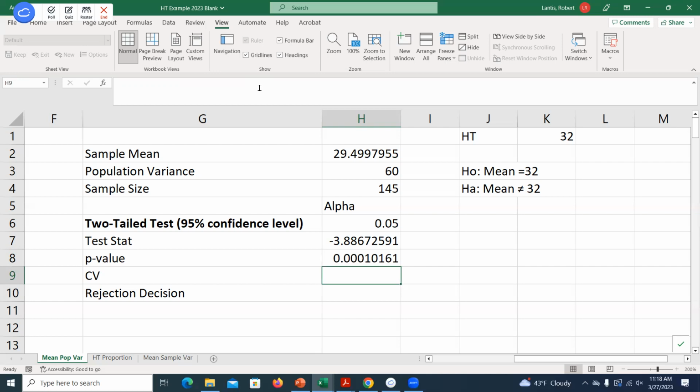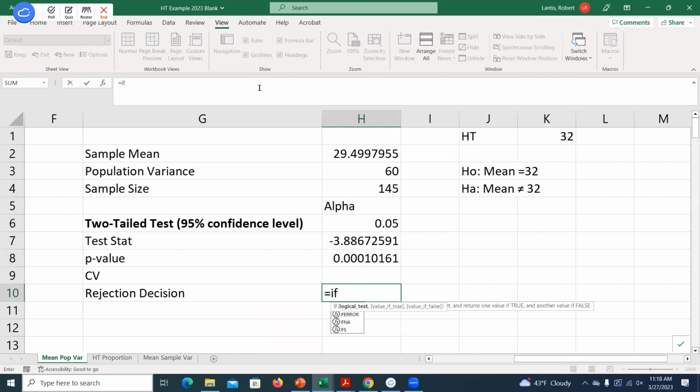One thing that we can do in Excel as well is use the built-in IF function, right? This is a neat function. It has a lot of uses, you can do a lot of different things with it. For us, it's going to be pretty simple. All we want to do is figure out if I reject or not. Here's my rejection decision. Is that p-value less than alpha? Get this ingrained before Friday, right? We're always going to reject if that p-value is less than alpha.